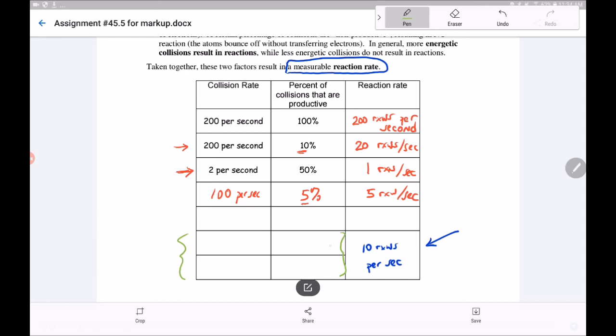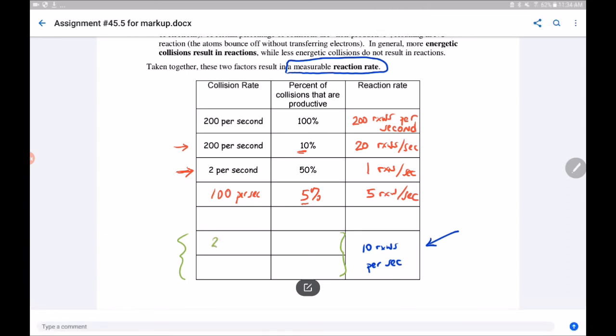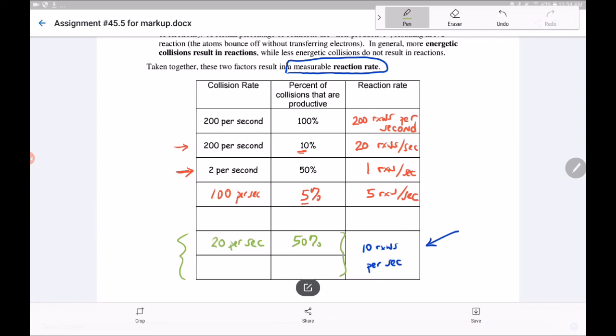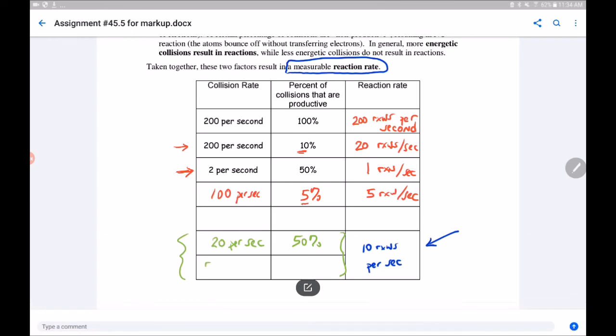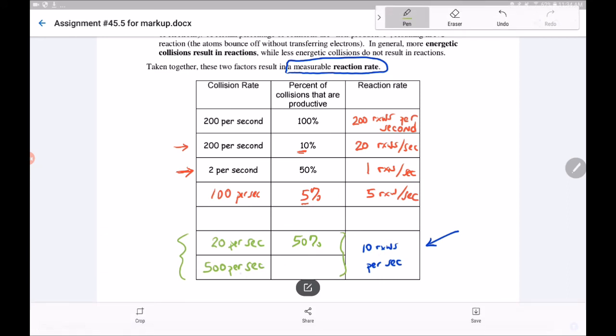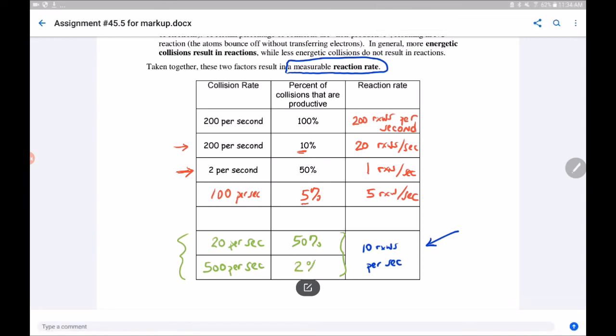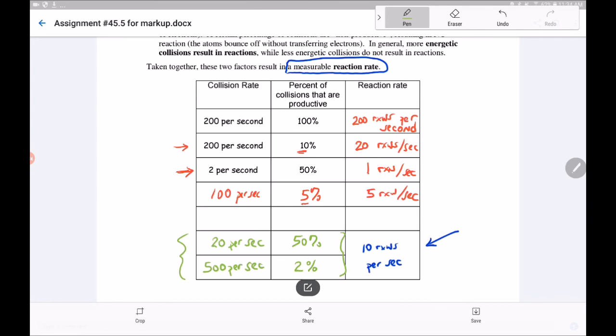But we can see that with this 10 reactions per second, it could be 2 very different situations. It could be that we actually get few collisions, but they're pretty productive. Or we could have a vast number of collisions, not a vast number of reactions, but a vast number of collisions, but a small percentage of those actually result in reaction.